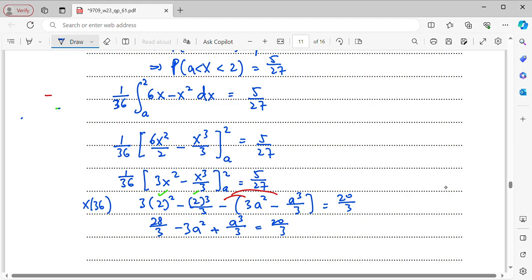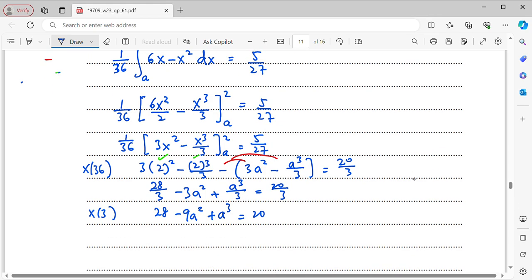So the whole equation I will multiply by 3. Then it will be 28 minus 9a squared plus a cubed equals 20. Okay, and now rearrange. So I'll get a cubed minus 9a squared. The 20 will be moved to the left side. So 28 minus 20, it will be plus 8. So here plus 8 equals 0.